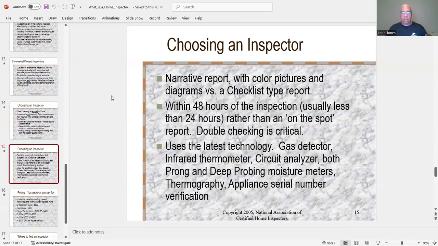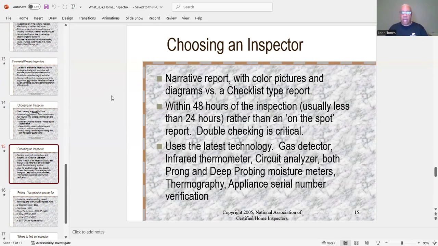Again, when we choose an inspector, we look at the narrative report with color pictures and diagrams versus a checklist type of report. So basically, within 48 hours of the inspection, usually less than 24 hours, rather than an on-the-spot report, double checking is crucial.